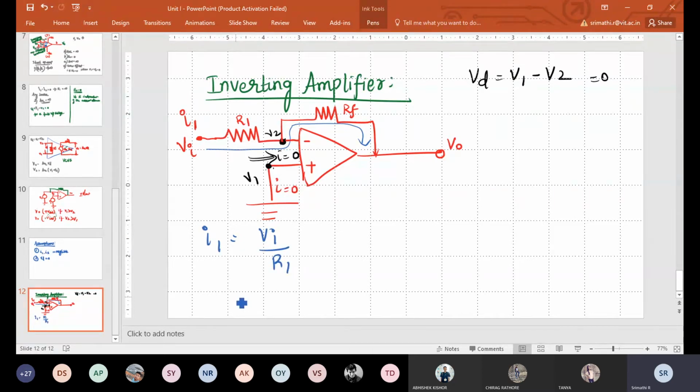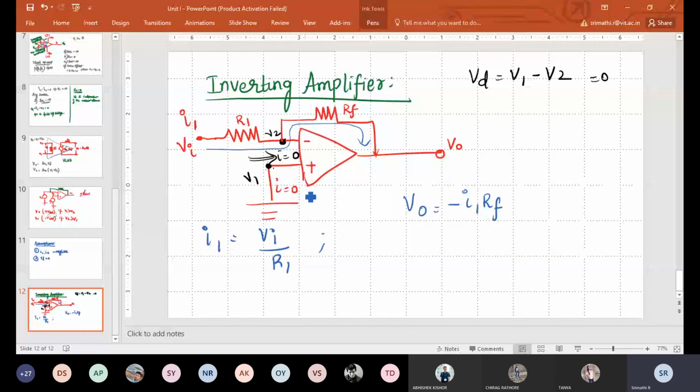And since no current is drawn by the op-amp, all the current flowing through R1 has to flow through RF. That I already said to you. So V0 is equal to minus of I1 into RF.